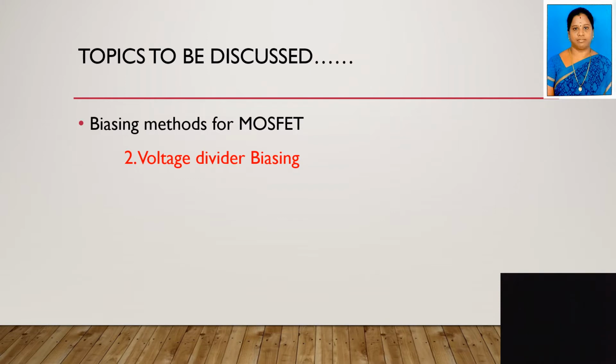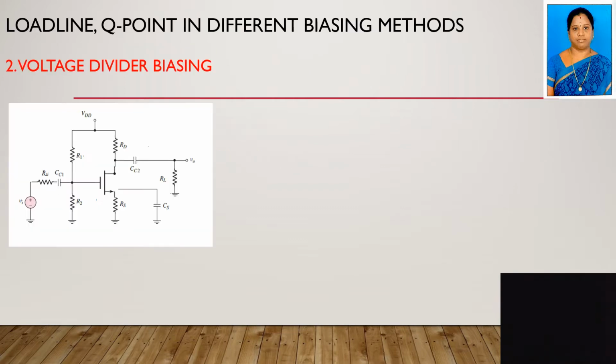Last class we have seen the first method. Today we are going to see the second method, which is voltage divider biasing. In this method, for the DC analysis, we have to open circuit all the capacitors, because the coupling capacitors CC1 and CC2 exhibit reactance XC equal to 1 by 2 pi FC.